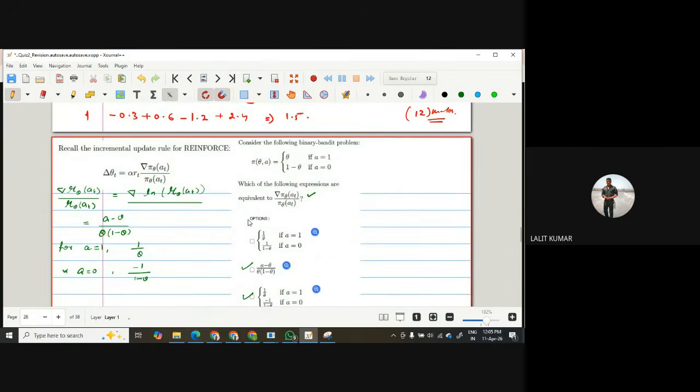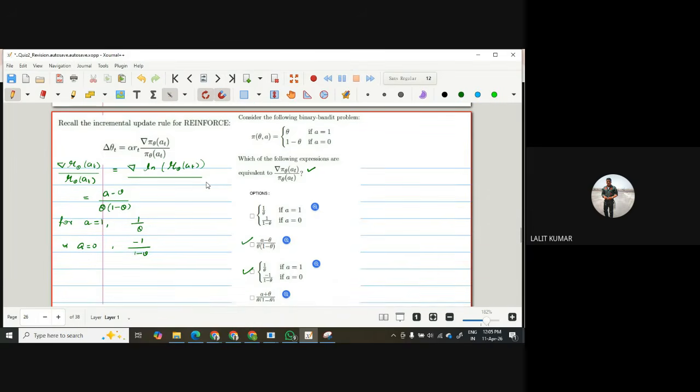Now recall the incremental update rule of reinforcement learning. This is basically from week 8. In week 8, the topic was that instead of updating the value functions or the Q values, why don't we update the pi?